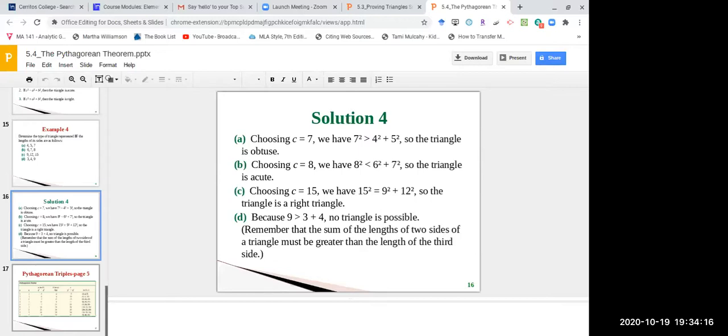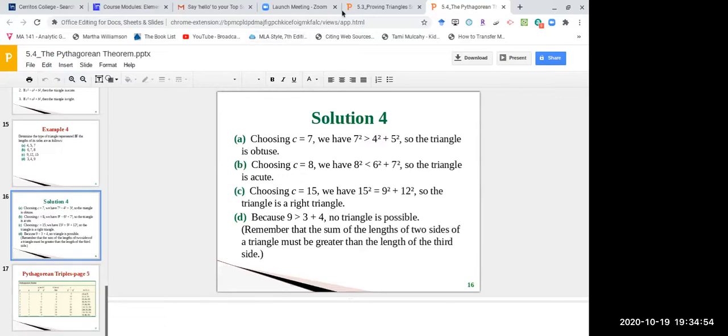If you have 6, 7, and 8, if 8 is the hypotenuse, 64 is not 36 plus 49, so it's not a right triangle, but 8 squared is less than the sum of the other 2, so you have an acute triangle. And if you square the longest side and it's greater than the sum of the others, then you know that it's obtuse.